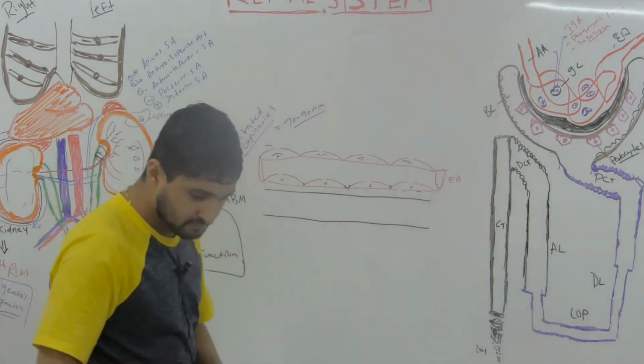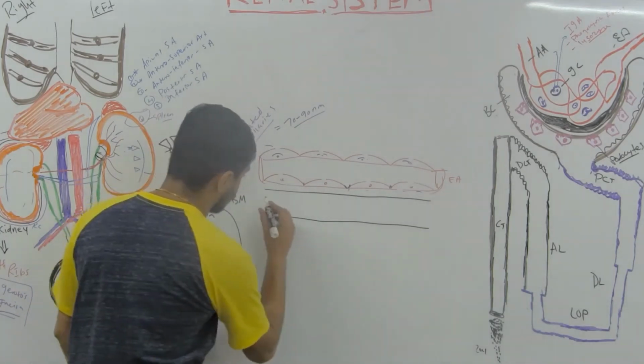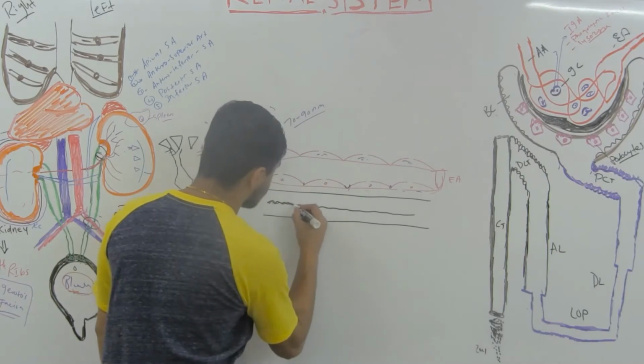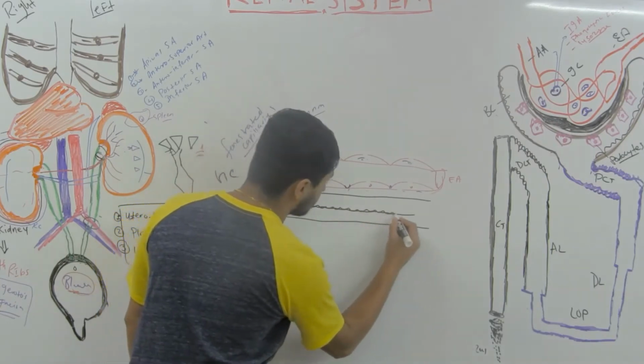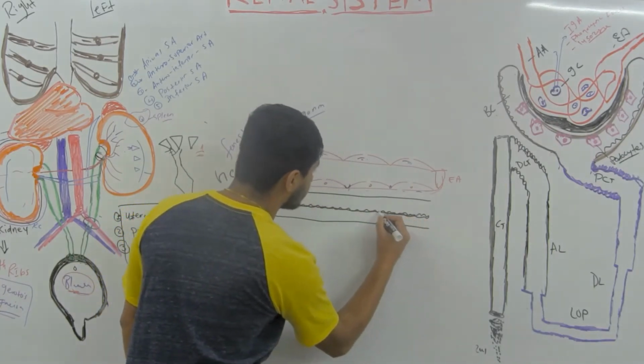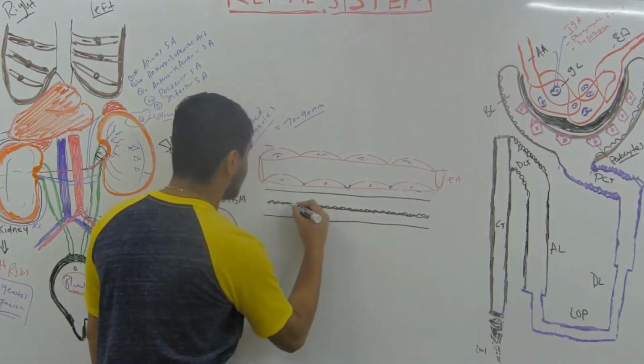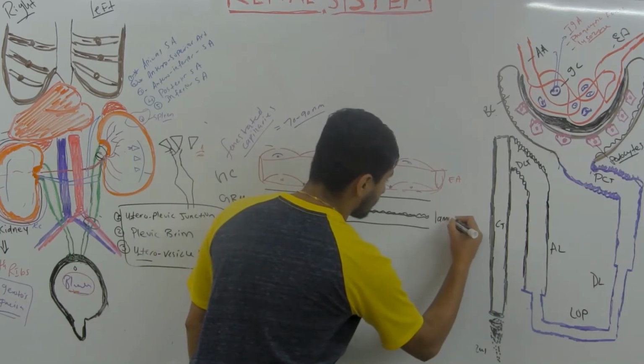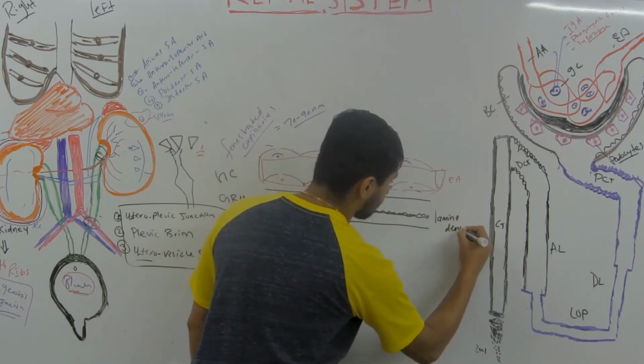One is very, very dense right here. This is the middle layer. It is usually this middle layer of the glomerular basement membrane that is very, very dense. Because it's very dense in electron microscope, we call it the lamina densa.